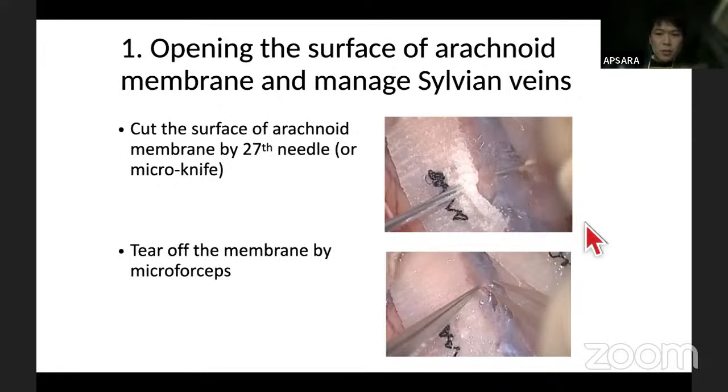Then you move the microforceps bilaterally. Hold microforceps in both hands and just tear off the membrane gently. This makes it very easy to open the first arachnoid membrane without any damage to the pia or vein. So I recommend this procedure.